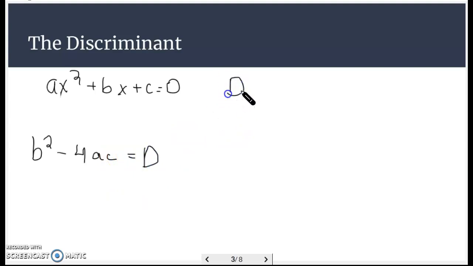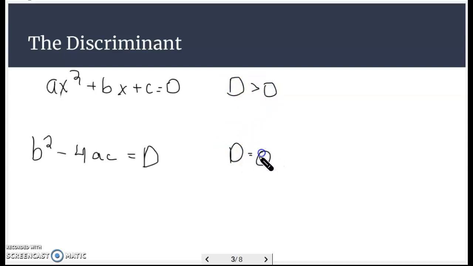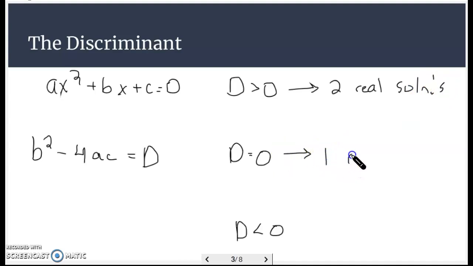Alright, and there's 3 scenarios. D could be greater than 0, positive numbers. D could be equal to 0. D could be less than 0 for negative numbers. If it's greater than 0, we have 2 real solutions. I'll just abbreviate solutions. If D is equal to 0, there is 1 real solution.